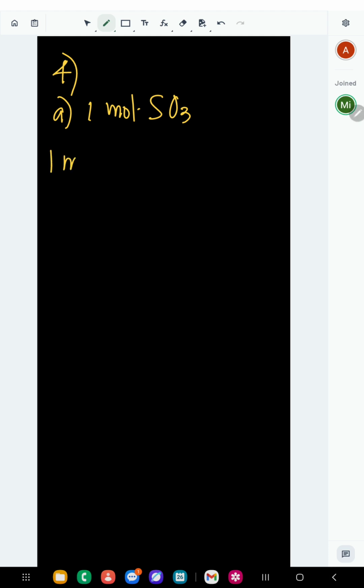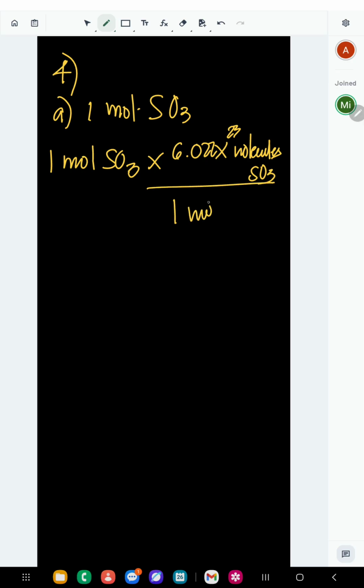So 1 mole SO3, we multiply this by 6.022 times 10 to the 23rd molecules SO3 per 1 mole SO3. Whenever you are asked to convert moles to molecules, atoms, or ions, you use Avogadro's number.